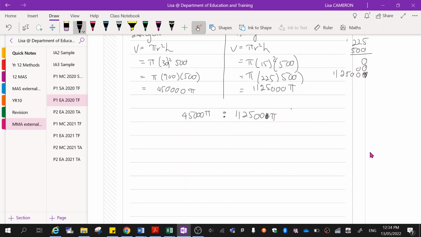Because of the style of question this is, in the tech-free section, you're probably going to end up with nice numbers. So I'm first going to check what happens if I multiply this one by 2. If I multiply that by 2, I end up with that number, and if I multiply that by 2, I end up with that number.